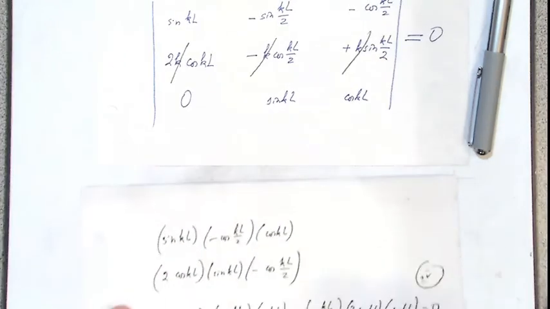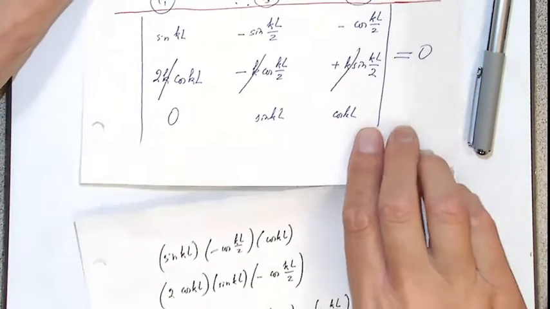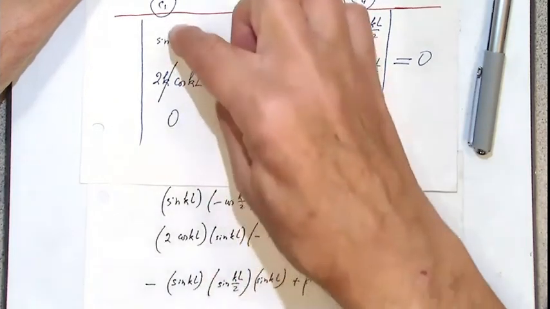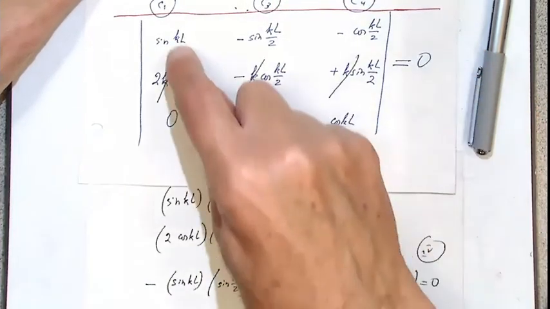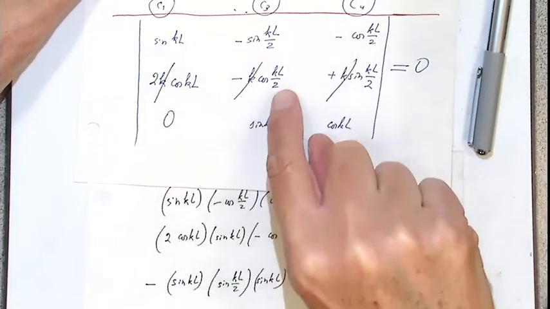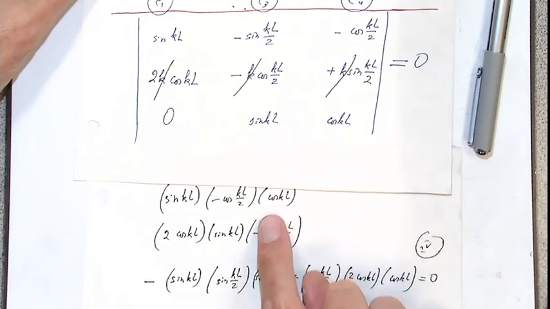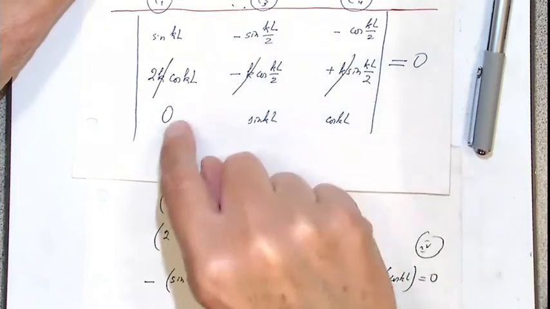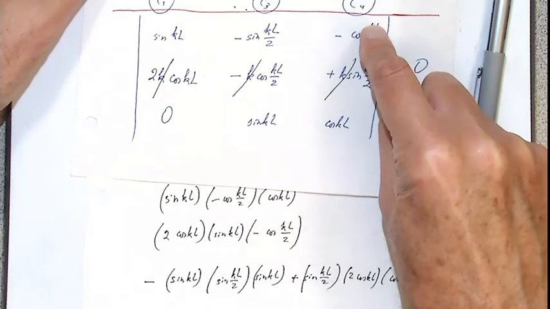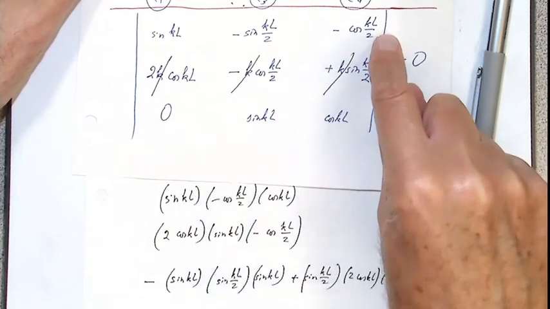Now I'm opening this, and I will get, look please, this times this times this: sine kL minus k, but I cancel by k, minus cosine kL, cosine kL. Then this times this times this is 0. Then this times this times this is 2 cosine kL sine kL minus cosine kL 2.